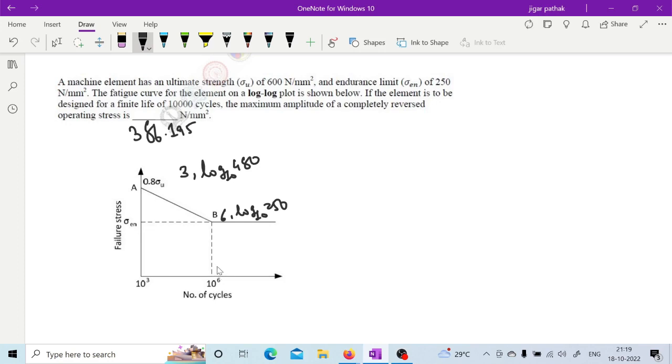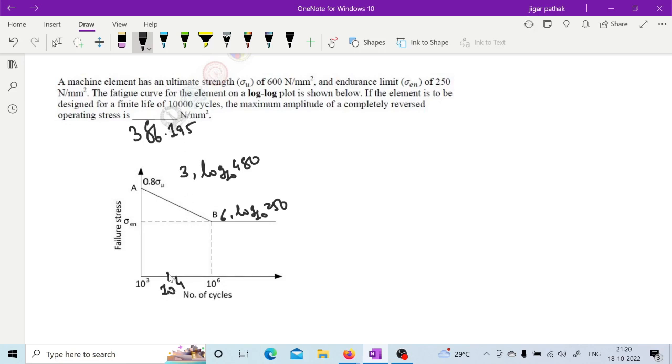And what else is given? 10,000 cycles, for a finite life of 10,000 cycles. So that is 10 raised to 4, right?